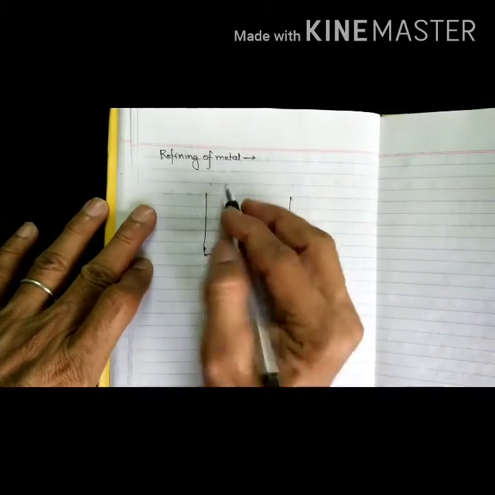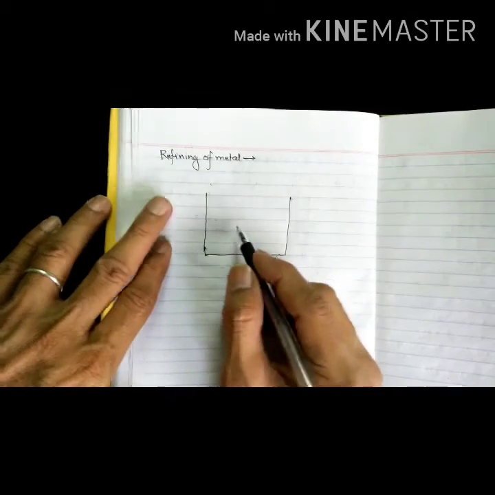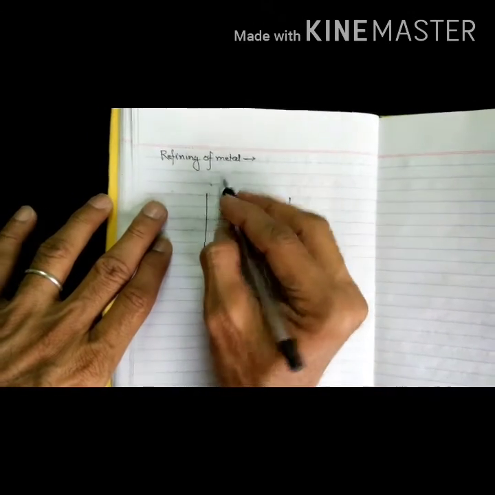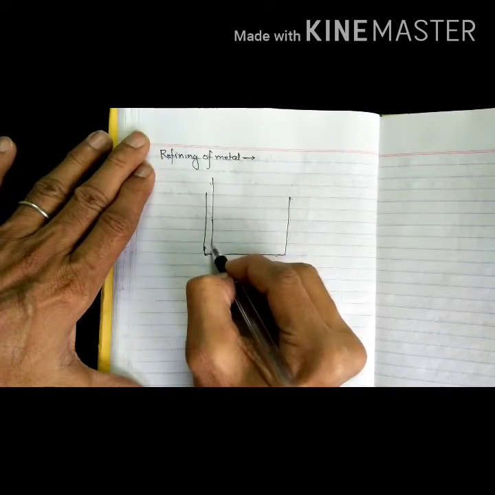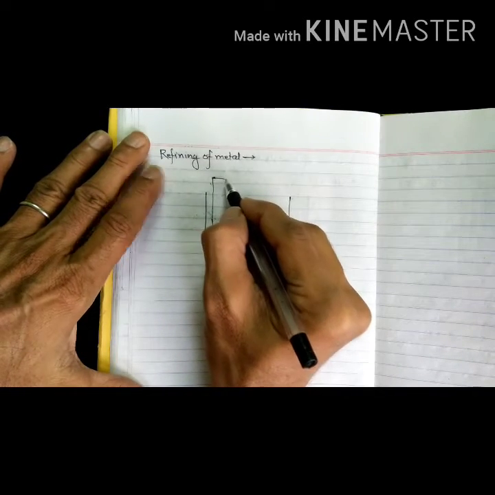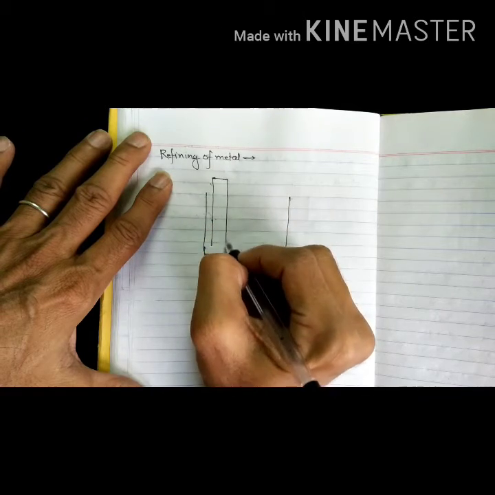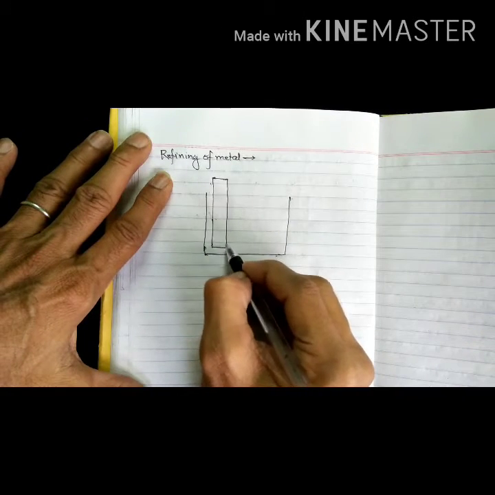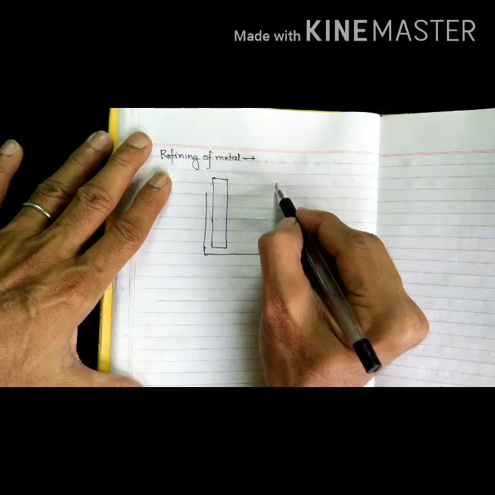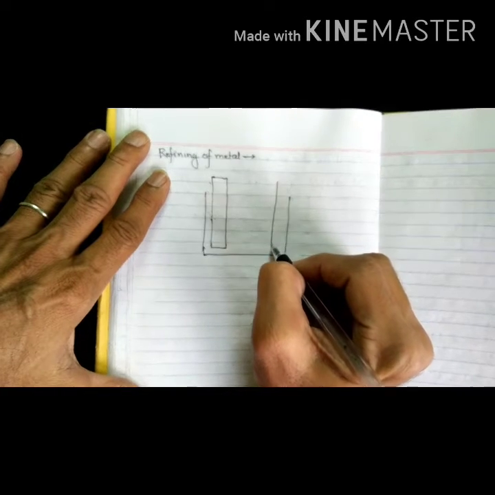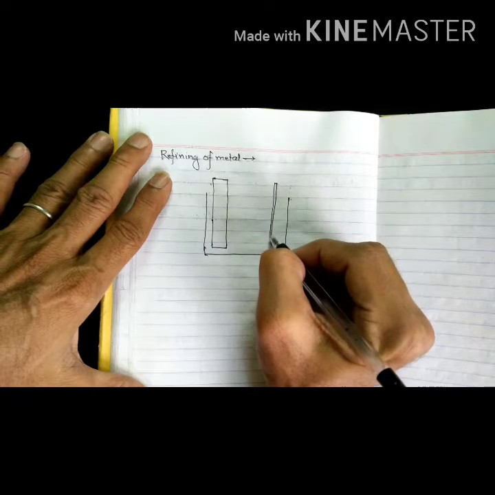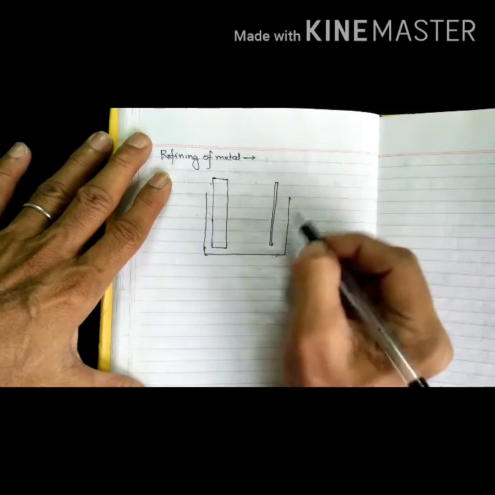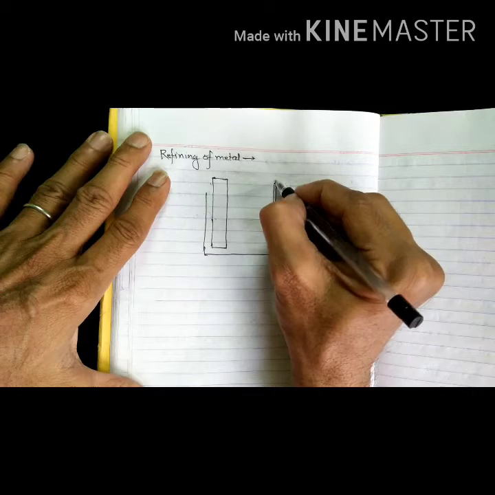The electrode should be of the metal which we have to refine. So, this is the block of the metal to be refined, and another is the pure electrode.